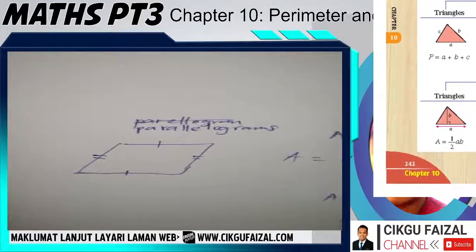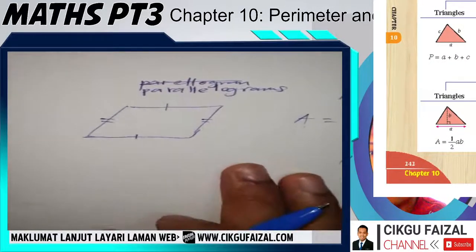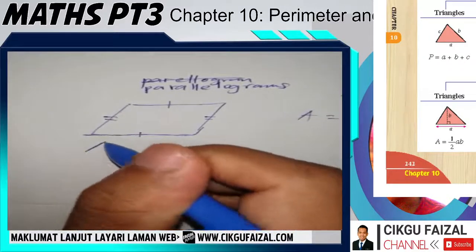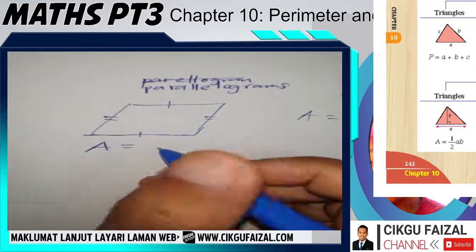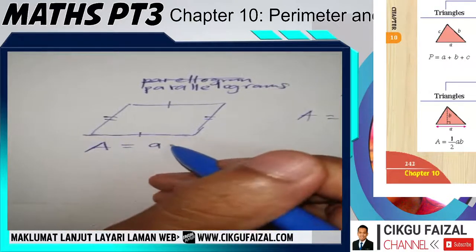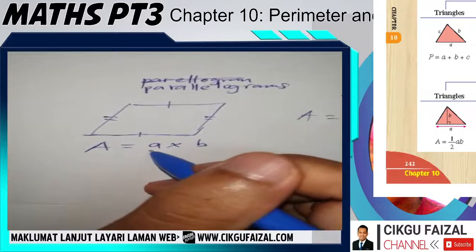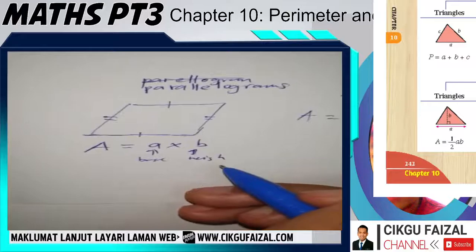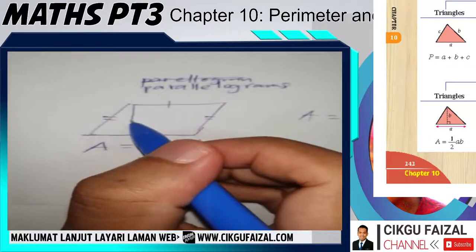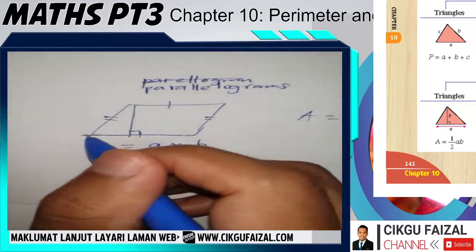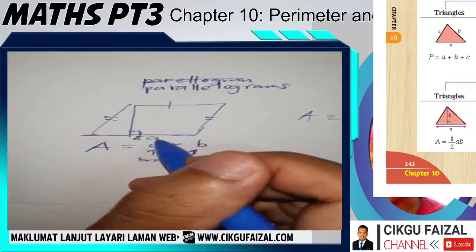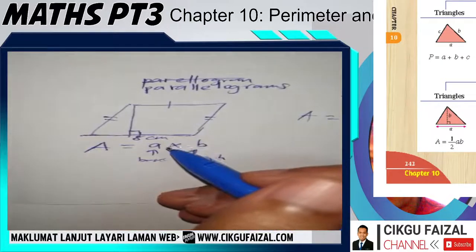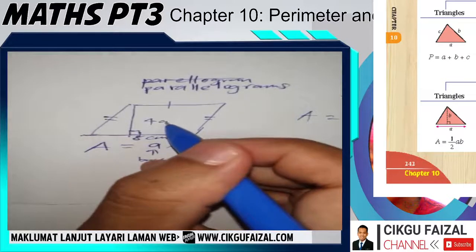So this is how we're going to calculate the area for parallelogram. Let's say the base over here. To calculate the area for parallelogram, the formula is A equal to A times B. A is the base, B is the height for the parallelogram. Let's say we have the base 8 cm and the height is also, let's say, 4 cm.